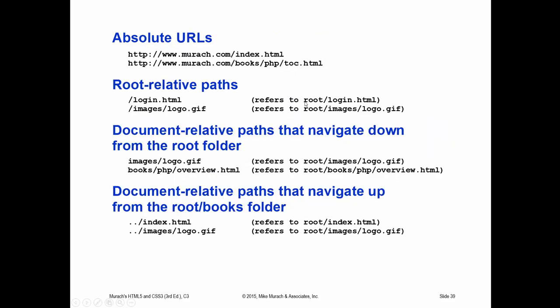An absolute URL starts with either HTTP, HTTPS, or FTP, but it's got a full path name. A relative URL starts typically with a slash or a dot, but it's based off of where you currently are. So if I want to go to a different page from the page I'm on, I can use an absolute URL.